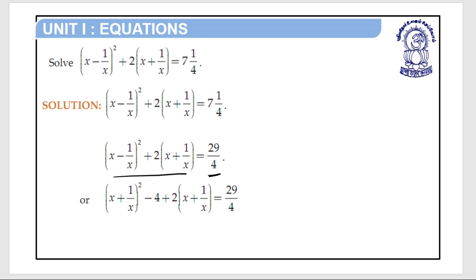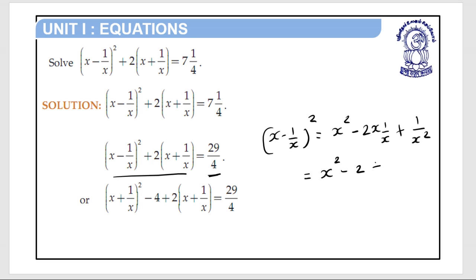Here, instead of (x minus 1 by x) square we can write x square minus 2 times x times 1 by x plus 1 upon x square. So x square minus 2 plus 1 upon x square.